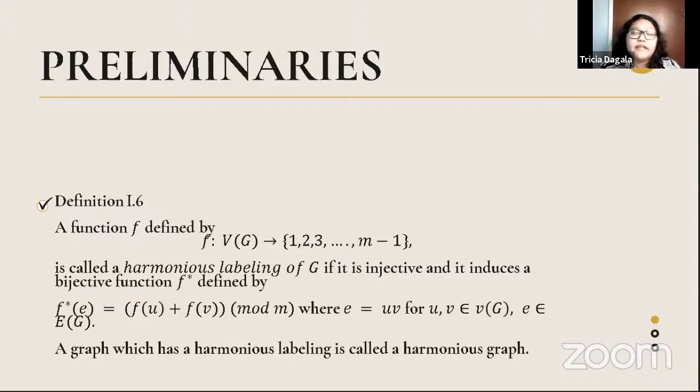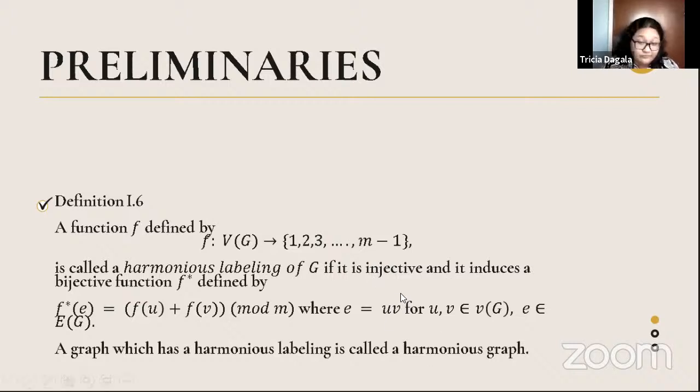So m here is the number of edges, and it is called a harmonious labeling if it is injective, and it induces a bijective function f star defined by f star of e equals f of u plus f of v mod m, where e is uv, uv an element of the vertex set, and e is from the edge set.